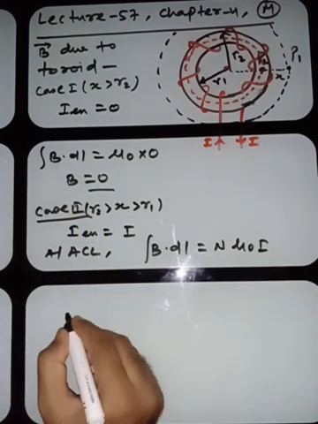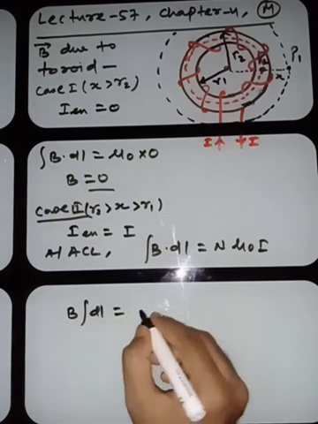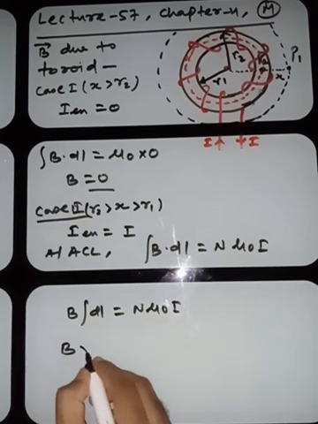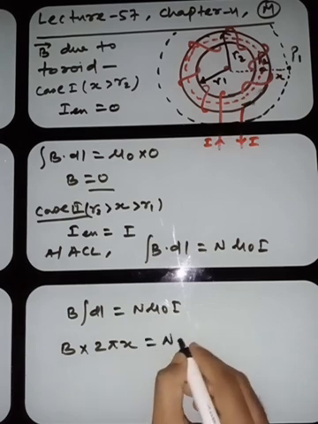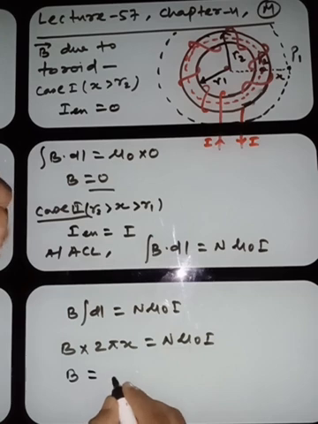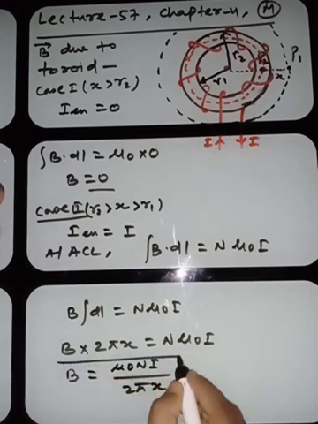Now B dot dl is n times mu naught I, and the value of dl is 2 pi x, so B times 2 pi x equals n times mu naught I. So B is equal to mu naught N I over 2 pi x.